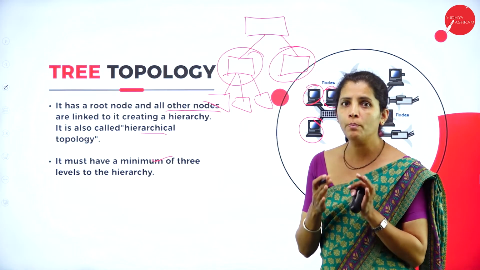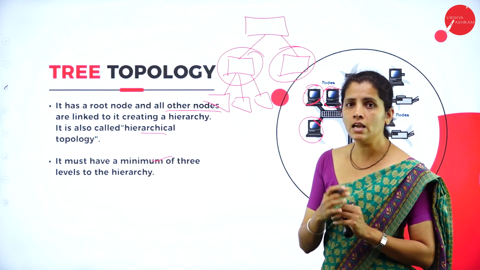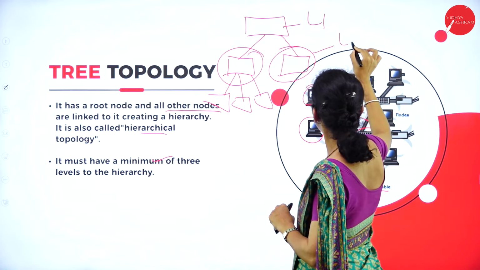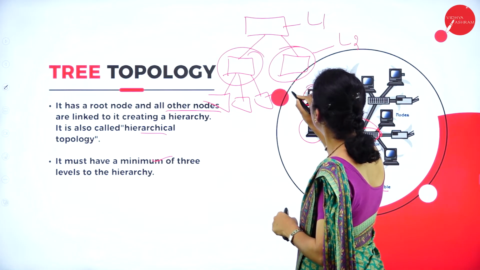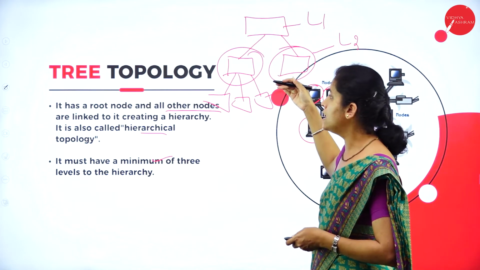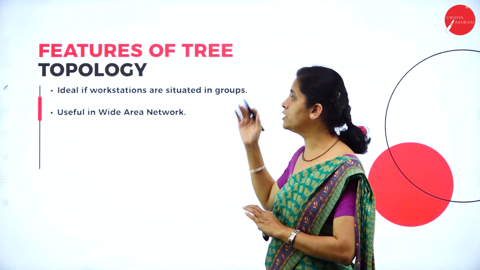Suppose I want to make a tree topology, then I must have 3 levels. So this is my level 1, this is my level 2, and this is my level 3. So how many levels do I have? Total 3 levels. Now let me discuss the features of tree topology.